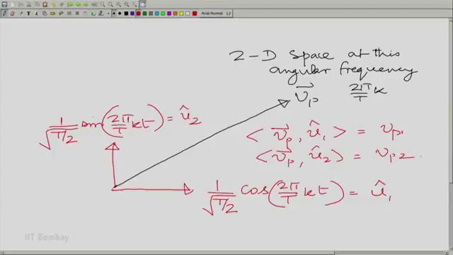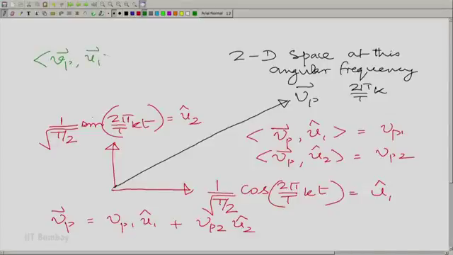Therefore, Vp is equal to Vp1 u1 cap plus Vp2 u2 cap. However, the interesting thing, which I am now writing in green, is that the dot product of Vp with u1 cap is the same as the dot product of V with u1 cap, and so also for u2.